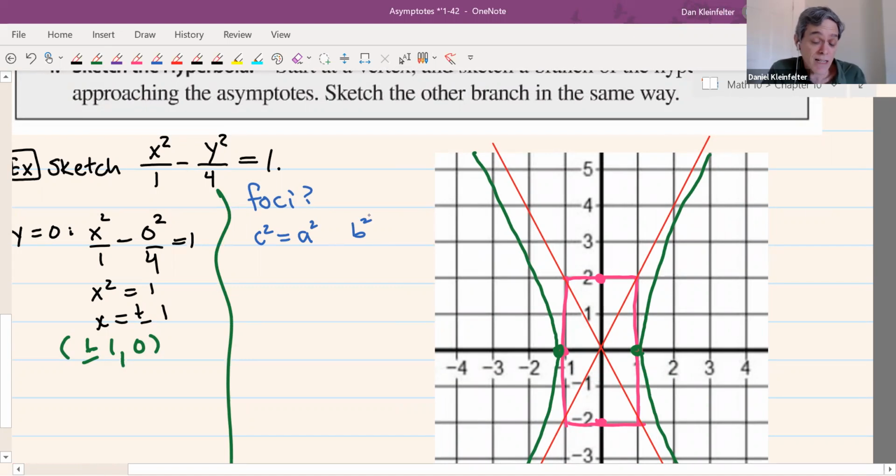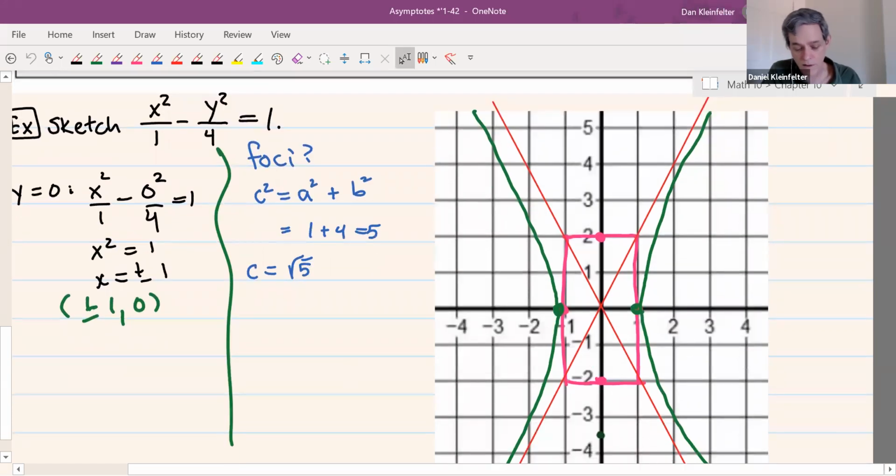And the answer there is it's opposite the sign in the formula for the conic itself. So on a hyperbola, it's a minus in the equation. So this will be a squared plus b squared. So our two denominators here are 1 and 4. So 1 plus 4, that's 5. So c squared is 5, so c is the square root of 5.